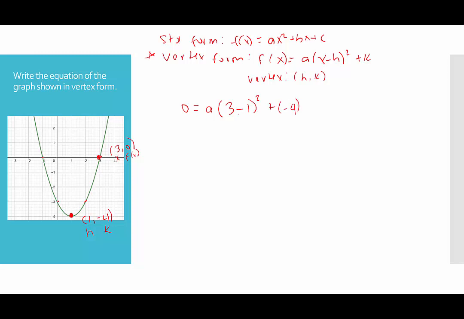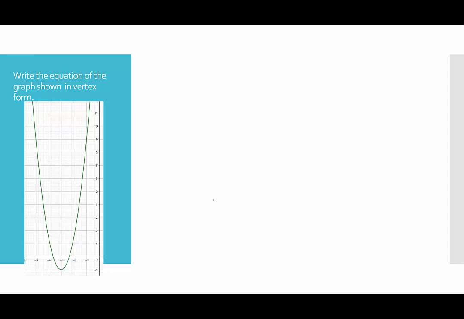Then inside the parentheses, 3 minus 1 is 2, and 2 squared is 4, so I'm going to say 4a minus 4. Now we want to get a by itself, so I'm going to add 4 to both sides, giving me 4 equals 4a. Divide both sides by 4, and we determine that a is equal to 1.